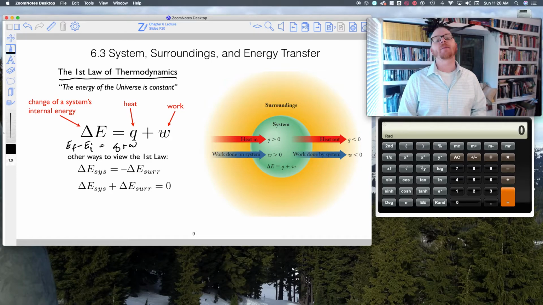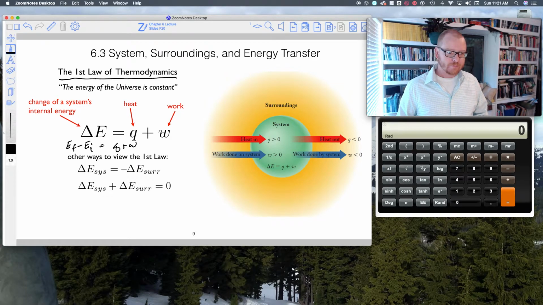So we can provide an engine with heat and it will do work for us. This is how your car works. You're burning all of that fuel, releasing heat from a combustion reaction, and it's driving this piston to move up and down, which causes a drivetrain to rotate, which causes your tires to move, and so on and so forth.